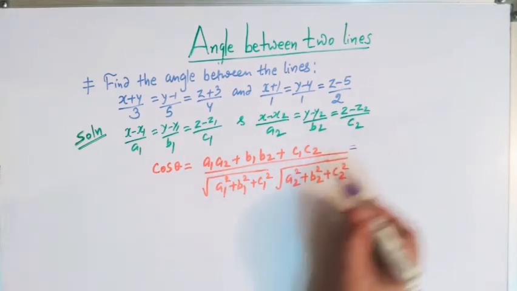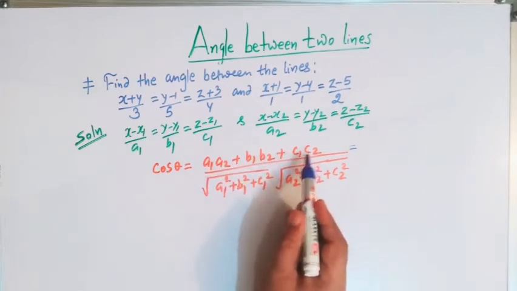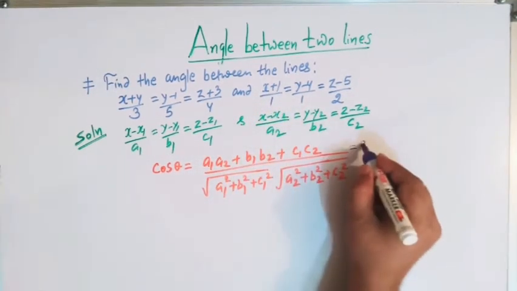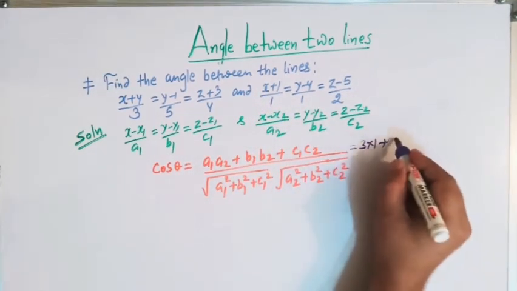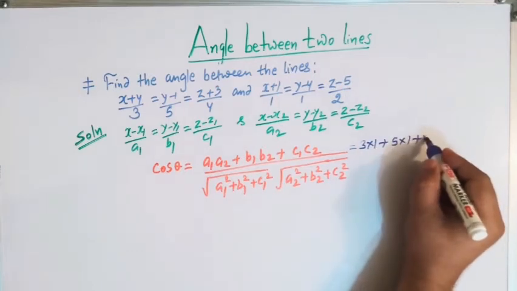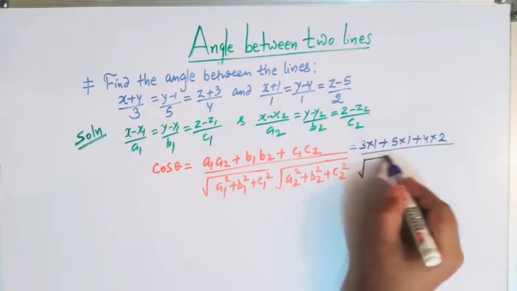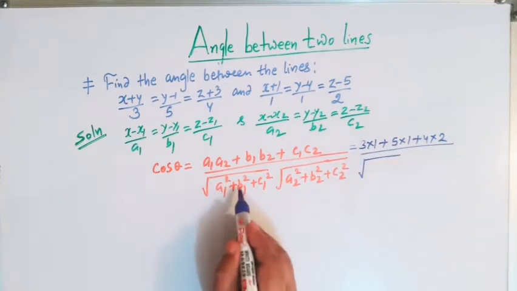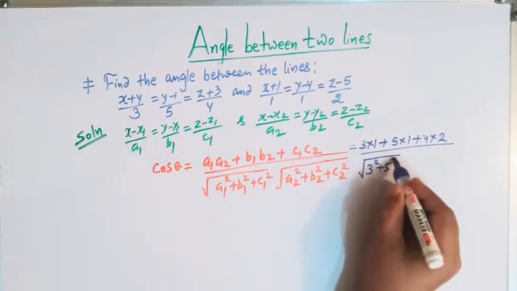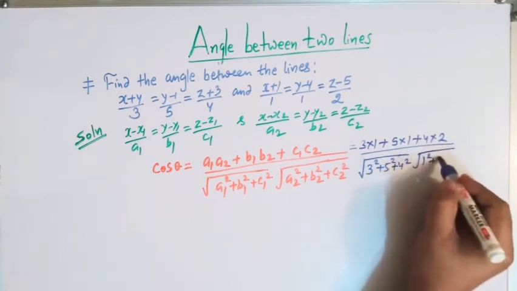Now here we have a1 a2 plus b1 b2 plus c1 c2. So here we have a1 is 3, a2 is 1, so we have 3 into 1, then we have 5 into 1, then we have 4 into 2, right? Divided by the square root of a1 square plus b1 square plus c1 square. So we have 3 square plus 5 square plus 4 square, and then we have 1 square plus 1 square plus 2 square, right?